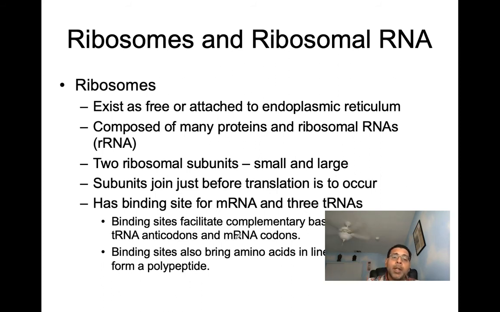So you can think of that basically being the binding sites for mRNA and then binding sites for tRNA as the seats for them. As the ribosome moves down, these binding sites facilitate complementary base pairing between the tRNA anticodons and the mRNA codons. Binding sites are also going to bring amino acids in line in specific order to help form the polypeptide.